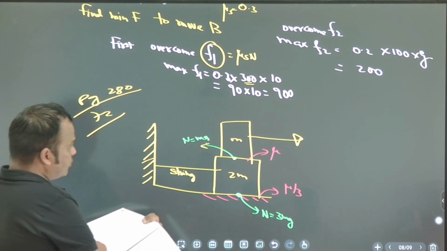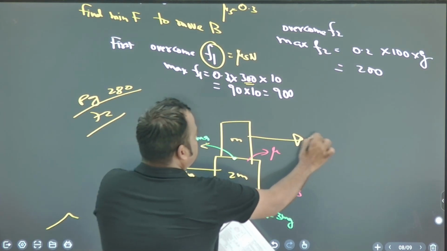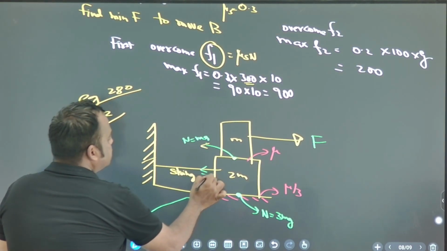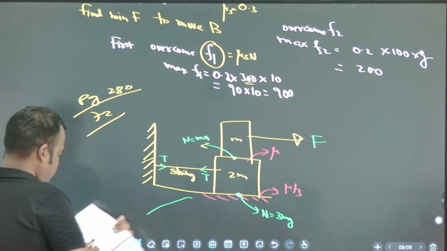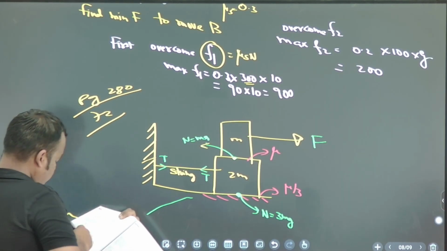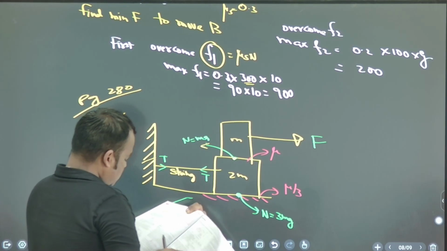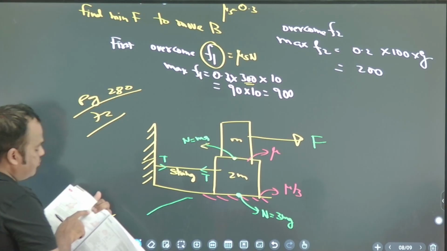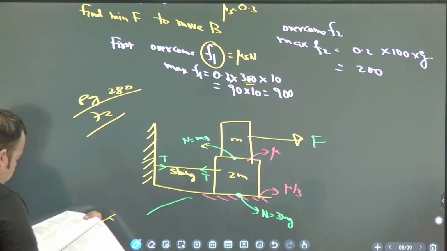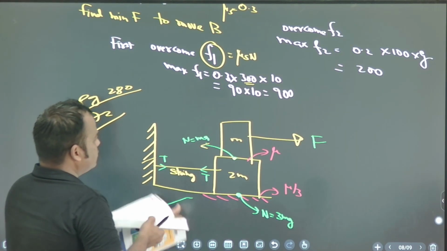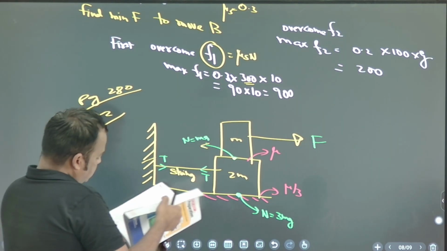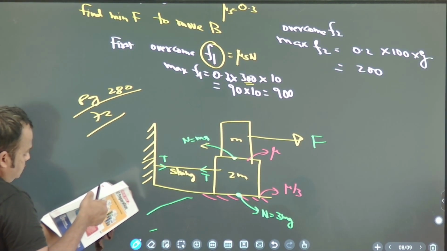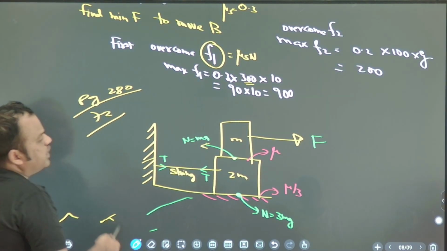If horizontal force F is applied on upper block, T is the tension on the string, correct? Choose the incorrect. So basically you have to find F and T value. And they are at rest, correct? Assume they are at rest.